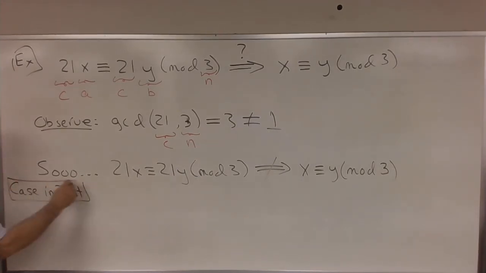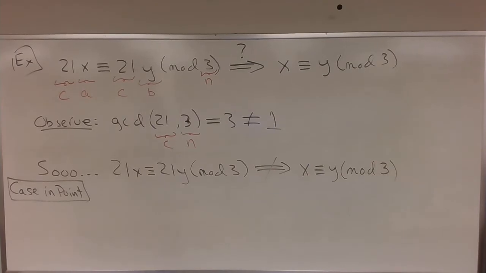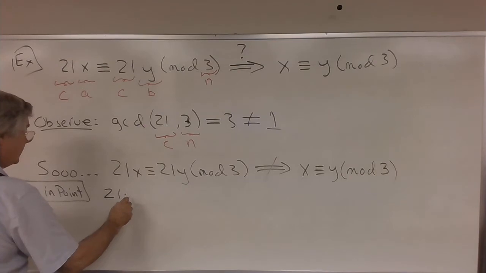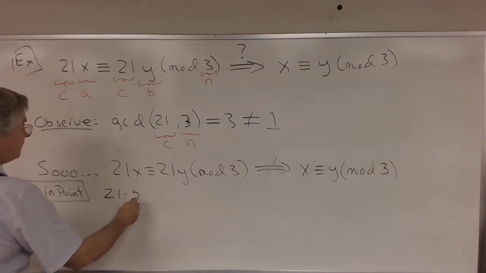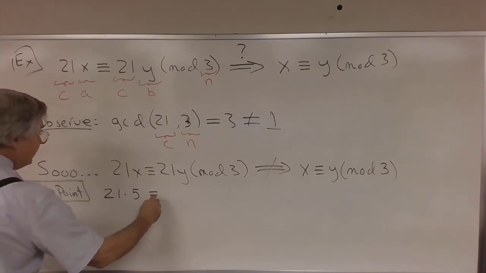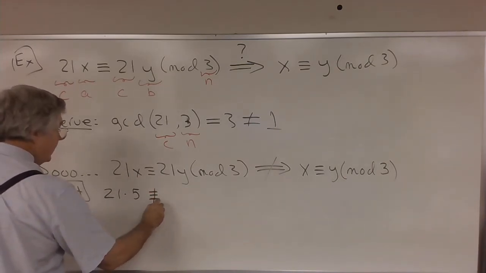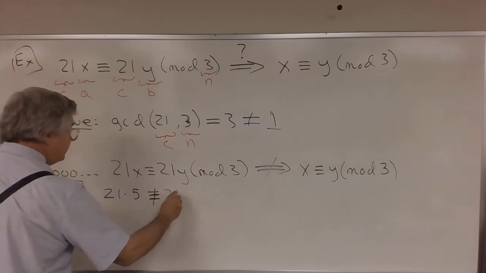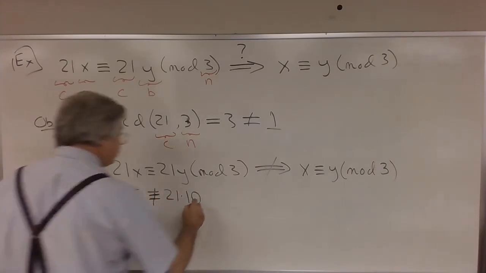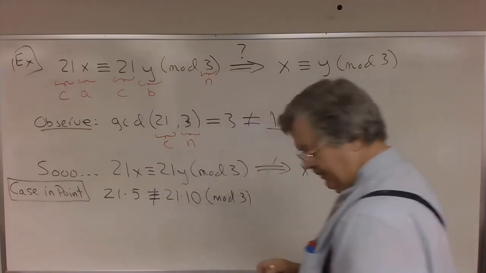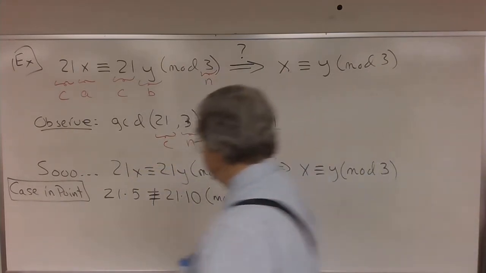Or a counterexample. 21 times 5 is not congruent, I hope, to 21 times 10 mod 3. Now let's identify the main characters.